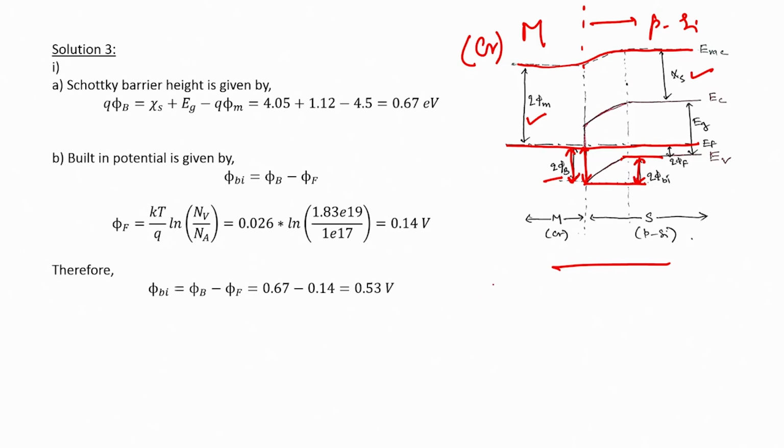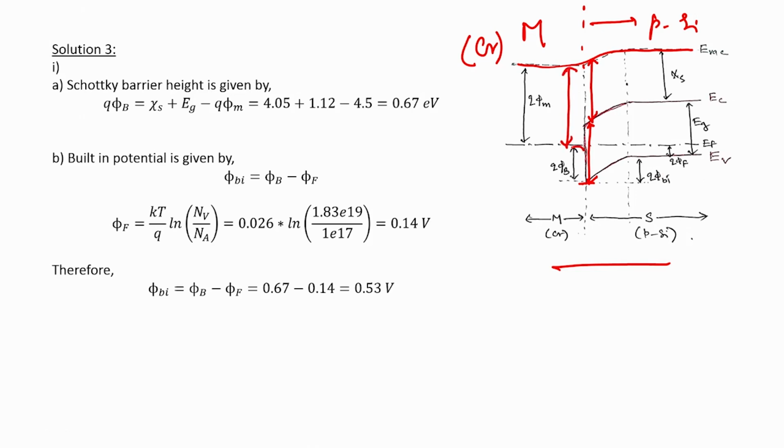So basically if you look into this diagram, this Schottky barrier height will be given by this entire height, that is the electron affinity, plus the band gap, this total height, minus the metal work function, this height.